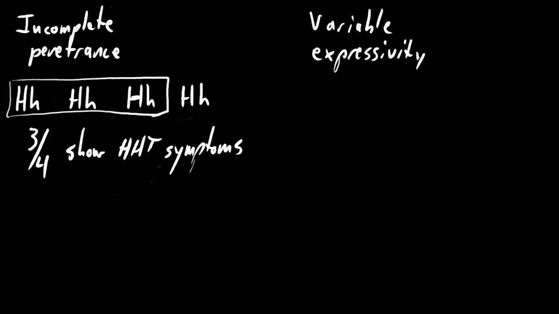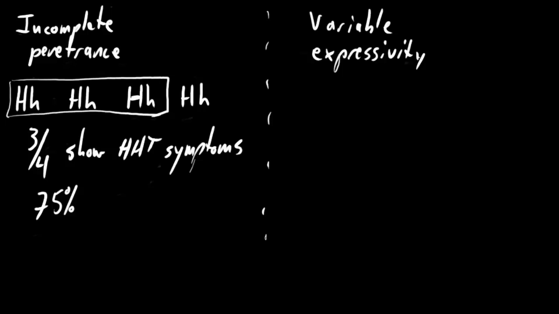So this 4th one, even though they have the mutation, you can't even tell that they have the disease. This is the idea of incomplete penetrance. How many people that have the mutation actually show the disease? And in this case, 3 out of 4 show the disease. So we say that this hypothetical mutation has a 75% penetrance.